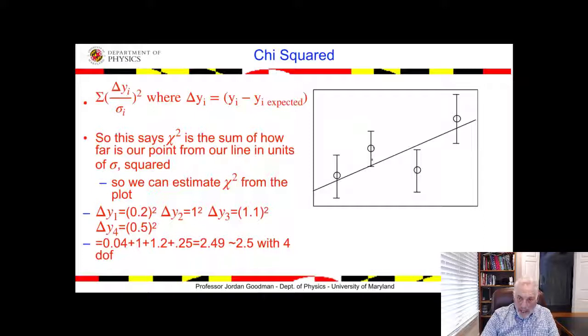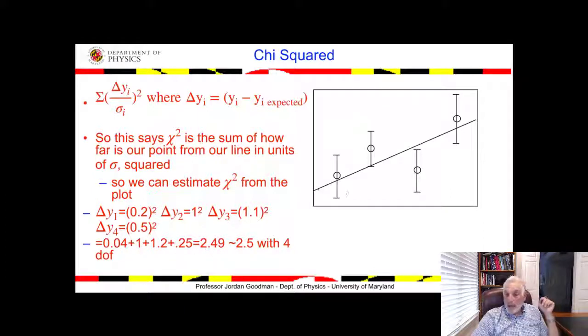And this, if you look here, is 1 standard deviation, so we get 1 squared. And this one's just a little bit more than 1, let's say 1.1, so we get 1.1 squared. And this one is about half, because we start from here to go to here, so it's about 0.5 squared. So we can go through and do this individually, and if we add the numbers up, we get a chi-squared of about 2.5.